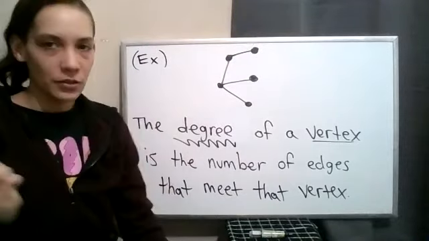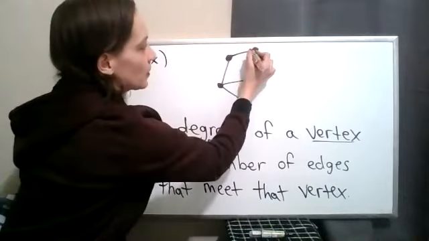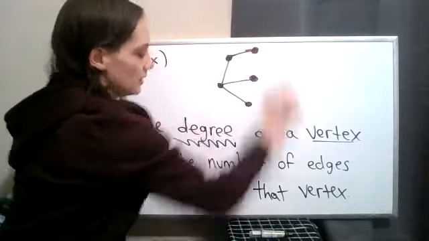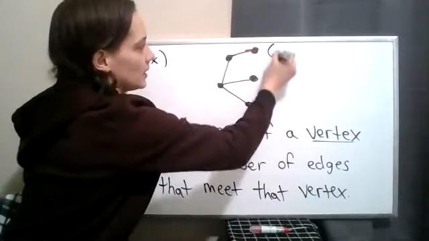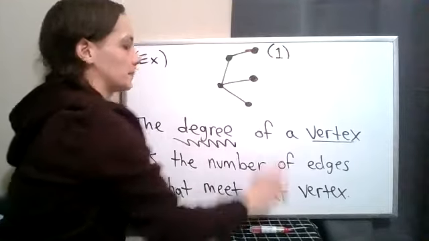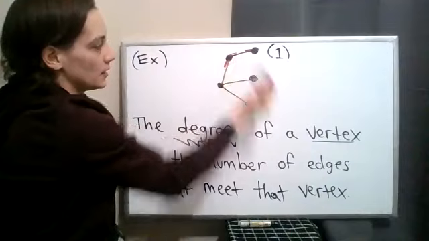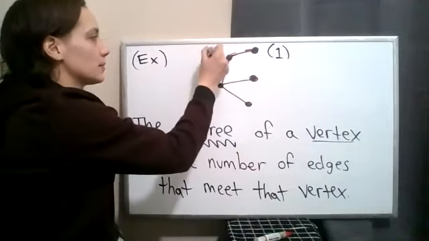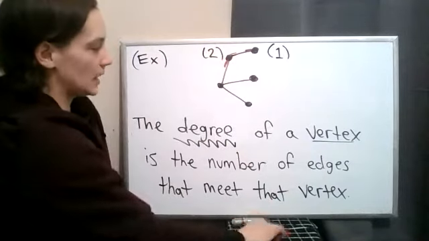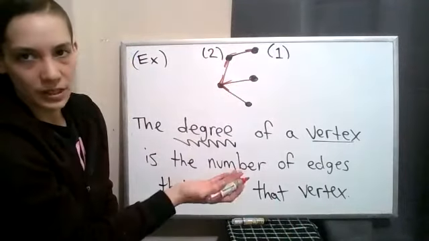It also helps to maybe draw a little bit like on each of the edges. So from here to here, there's one connection, and we're going to write this as degree 1. Here we have 2 connections, it's degree 2. And this is connected 1, 2, 3 times, it's degree 3.